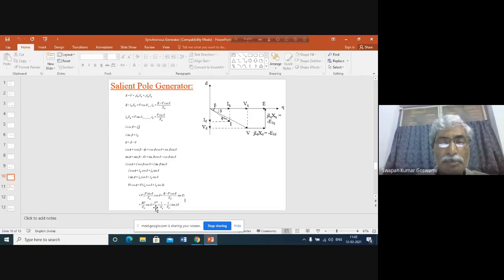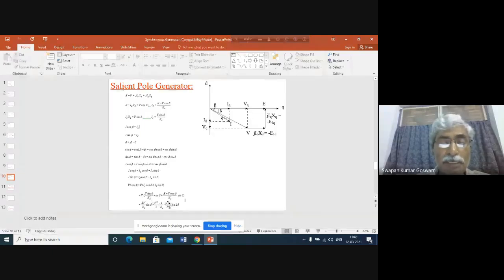So V square by 2 times 1 upon XQ minus 1 upon XD, and you are having sine of 2 delta, because sine delta cosine delta here, cosine delta sine delta here. So if we write 2 sine delta cosine delta, it is nothing but sine 2 delta.